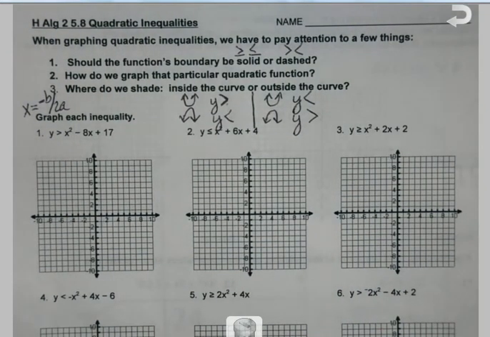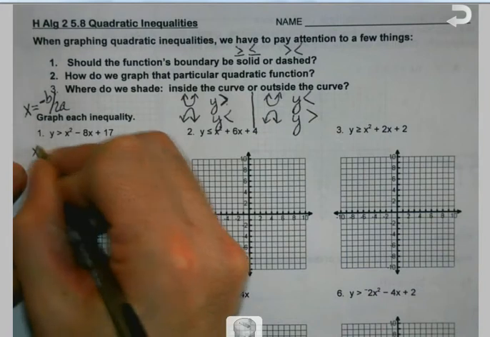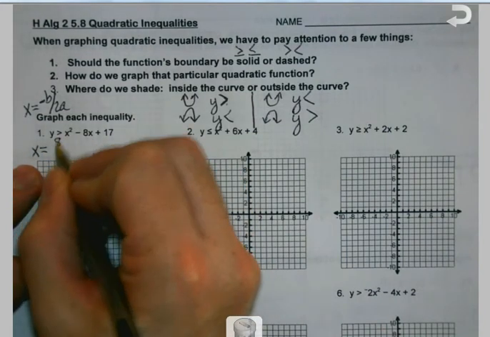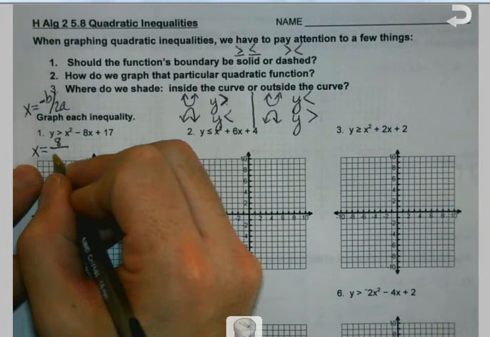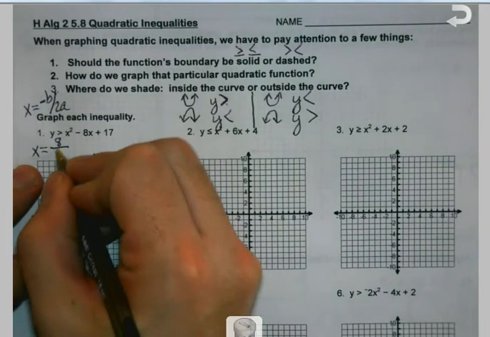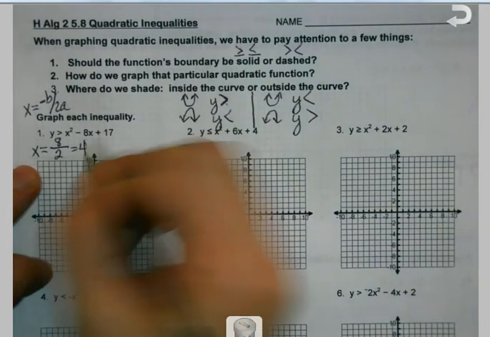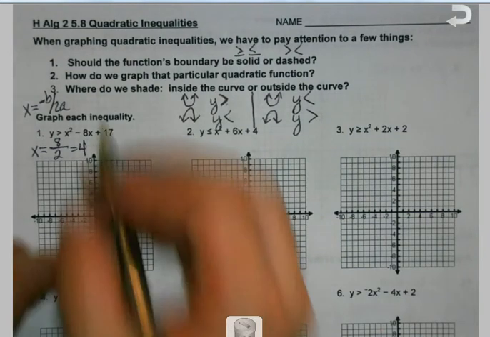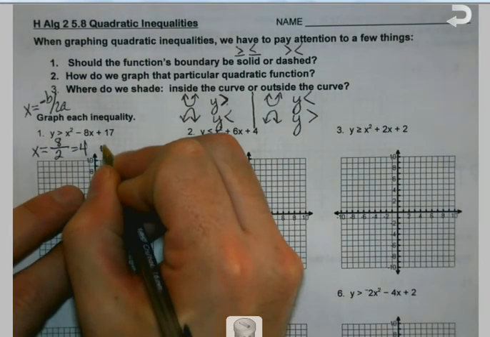So I take a peek and I go, okay, so my x is going to be the opposite of b, so the opposite of negative 8 is 8 over 2 times a. 2 times 1 is 2. So I find out my x value is 4. And then to find y, of course, we're just going to substitute that in.